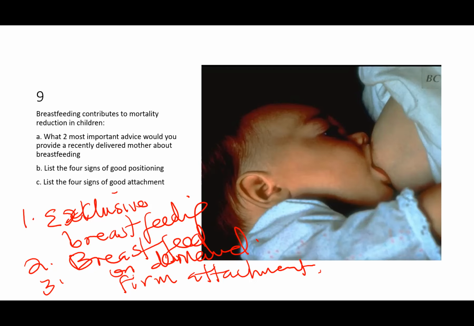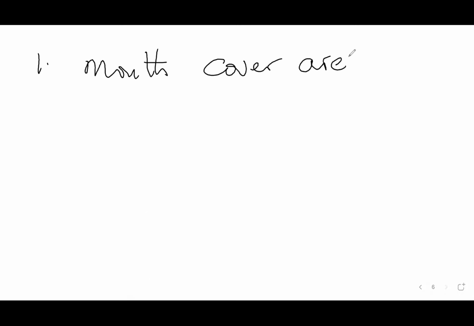Number 1, signs of good positioning. The mouth of the baby should cover the areola as much as possible, not just the nipple, because there has to be firm attachment to generate an adequate suction pressure for suckling the child.